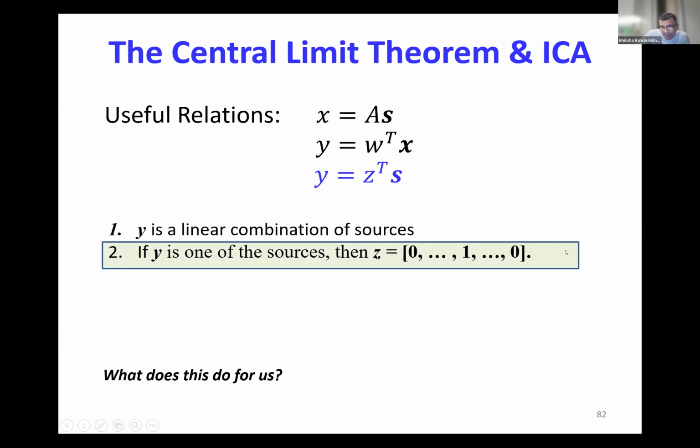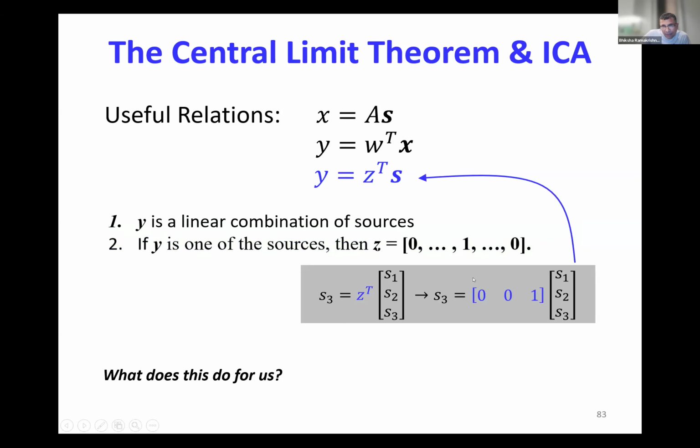Does this make sense? This is basically a selector. If I multiply by Z transpose, and Z is 0, 0, 1, I'm picking up S3.